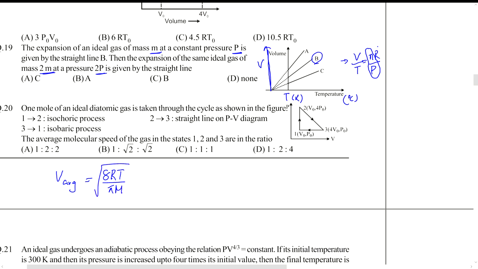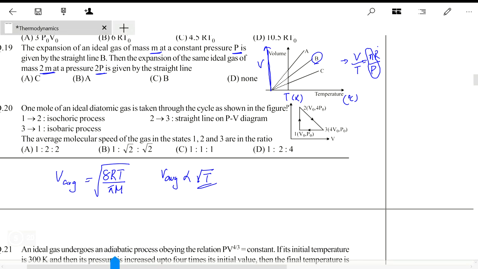So we can write V average as proportional to root T, which is also true for any other distribution velocity. You just have to find the temperature in each case, which is directly given.